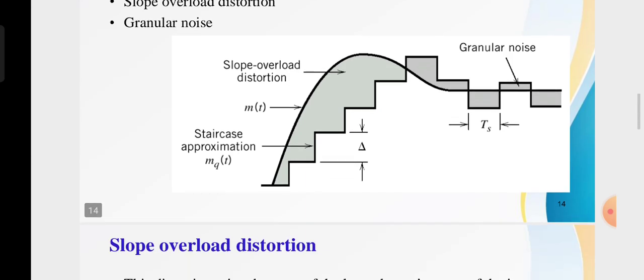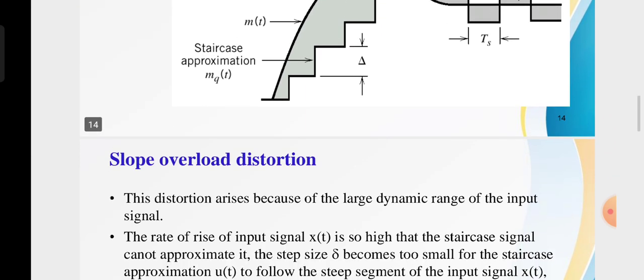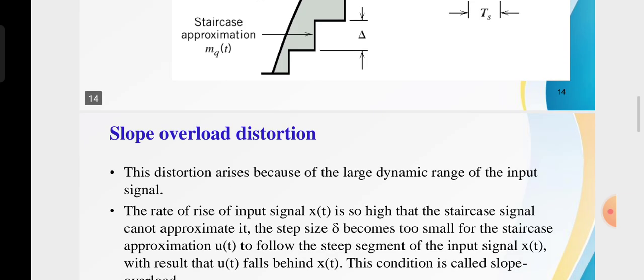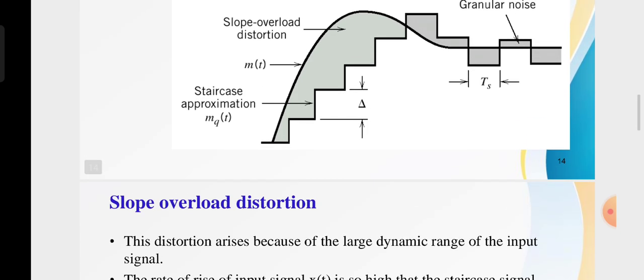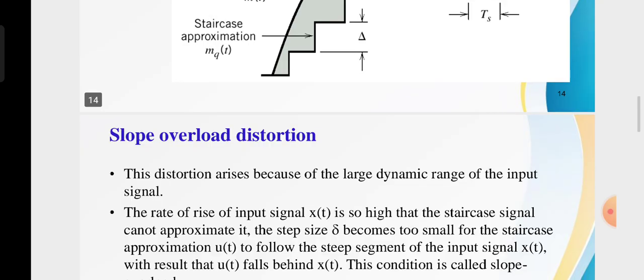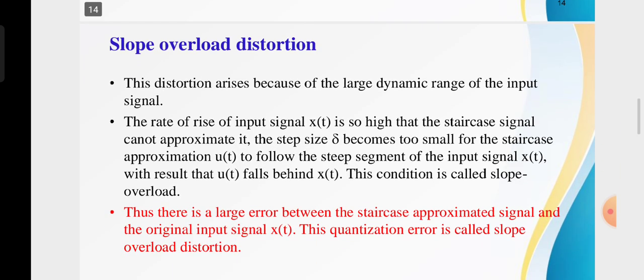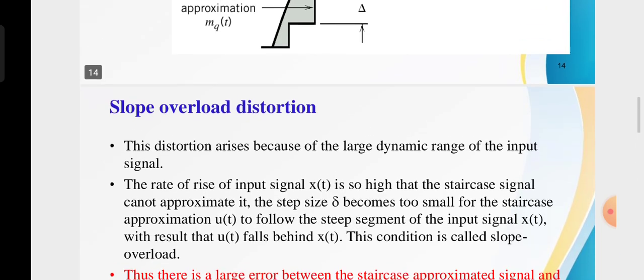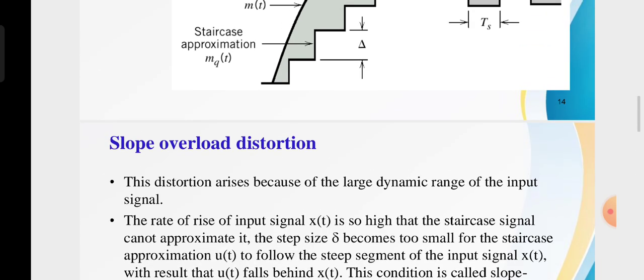From the graph, the slope overload distortion arises because of the large dynamic range of the input signal. The rate of rise of the input signal x of t is so high that the staircase signal cannot approximate it.